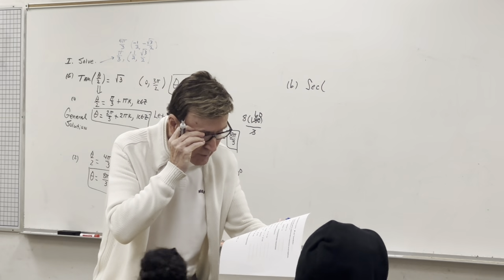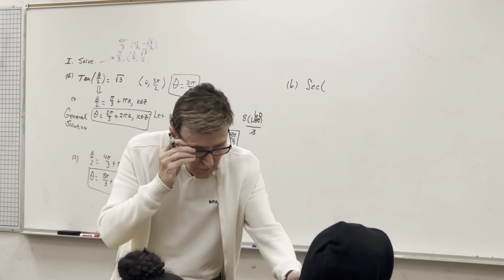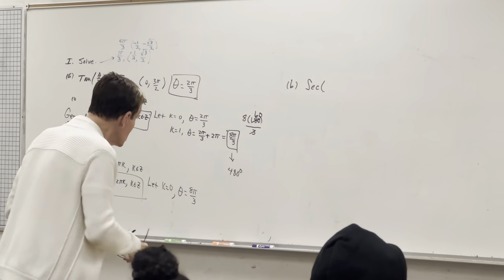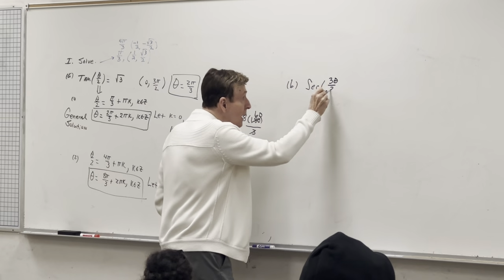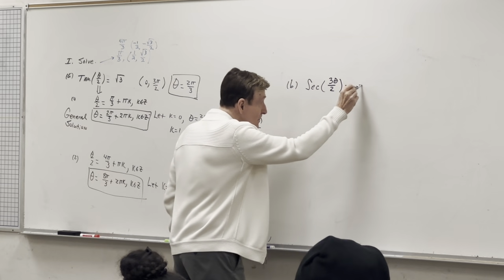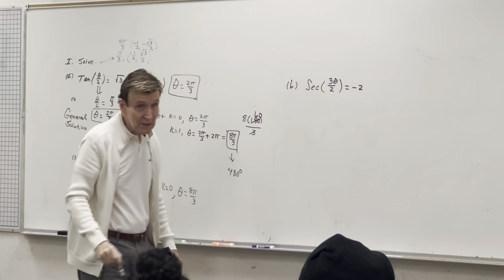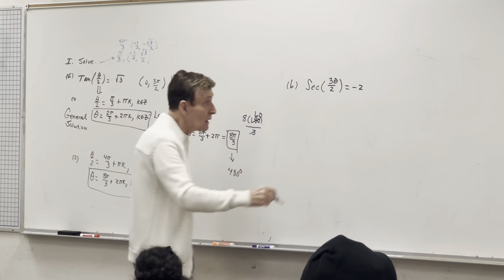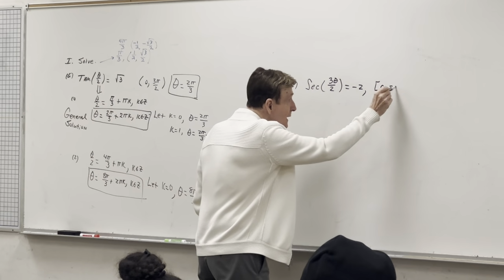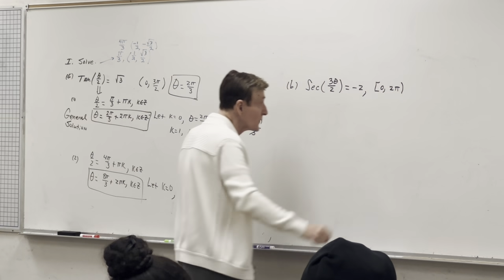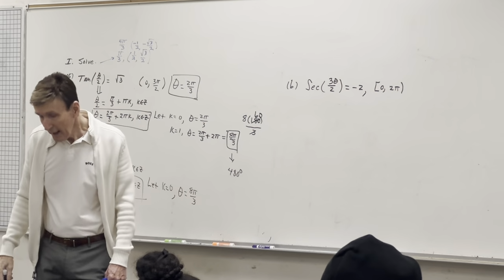Well, 3 theta over 2 is equal to a negative 2, was it? Yes. And what was the interval they wanted us to find the answers? Bracket 0 to 2 pi, parentheses. There you go, thank you. Okay, guys, let's run through this one.